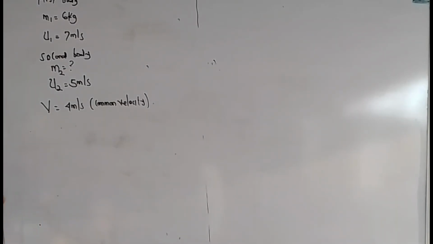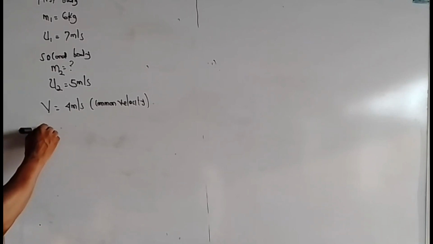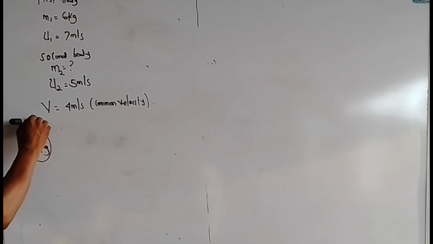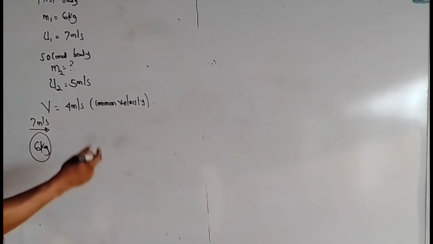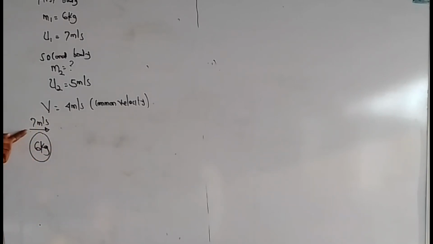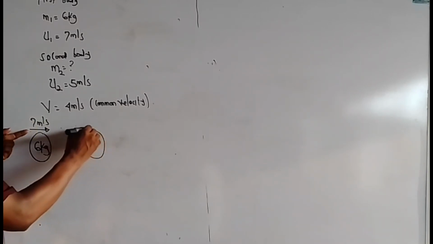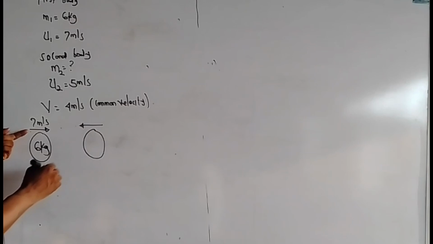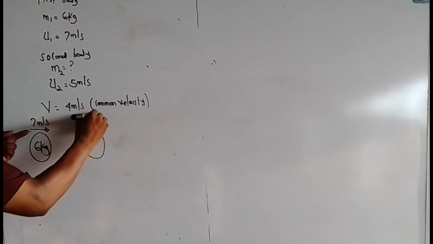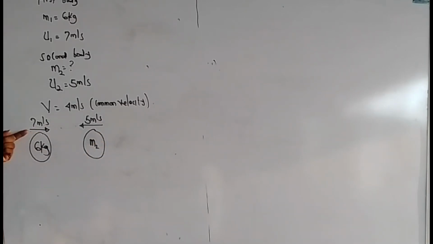But let's draw the diagram to indicate the motion of the two bodies. The first body is this, mass is 6 kg, traveling with a velocity of 7 meters per second. It collides with another body moving in the opposite direction to this. This is the second body now. This time it's moving in this direction with 5 meters per second. The mass M2 we don't know.